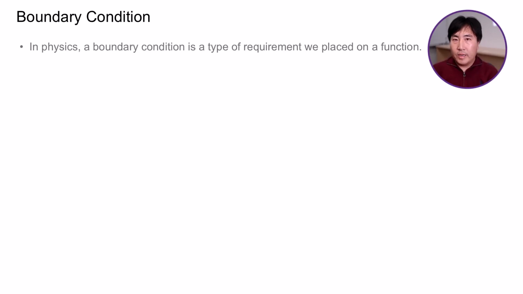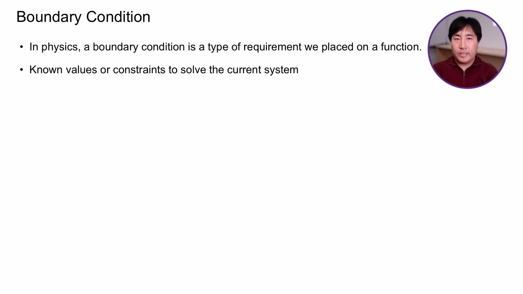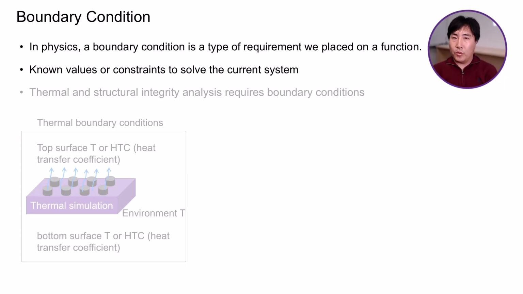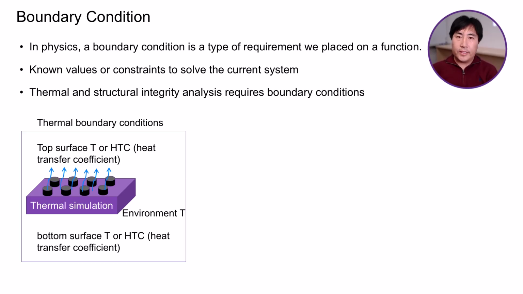We mentioned boundary conditions before. Now, boundary conditions are essential for solving multiphysics integrity problems, especially for structural integrity. They define the constraints like fixed values or initial states of the structure. For example, thermal analysis might use ambient temperature or surface heat transfer coefficients.